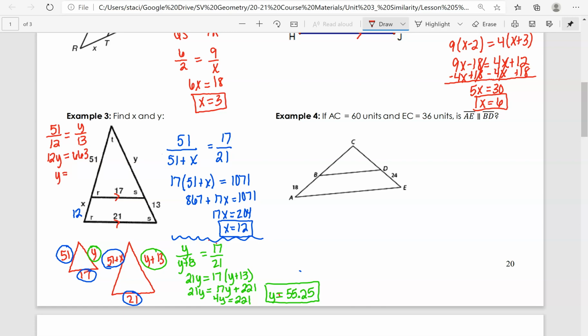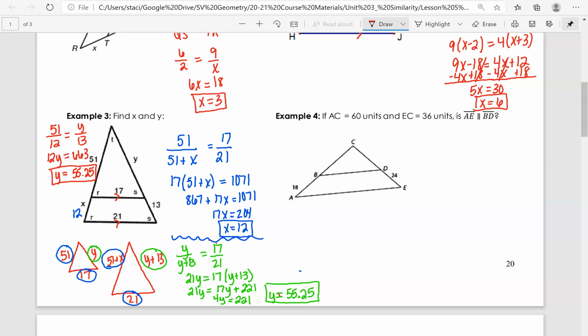If I divide 663 by 12, I still get 55.25. So with that being said, I can use side splitter. Side splitter gives me another tool in my back pocket to use, but there are times where I can just match up corresponding sides and solve for my variable that way.